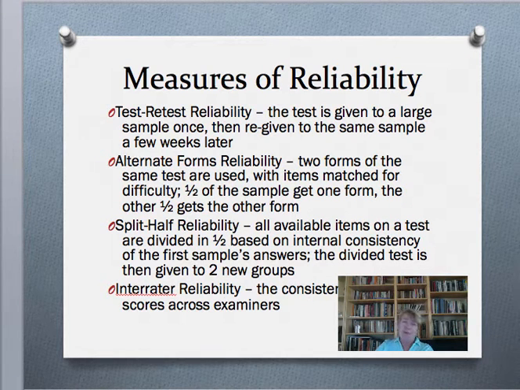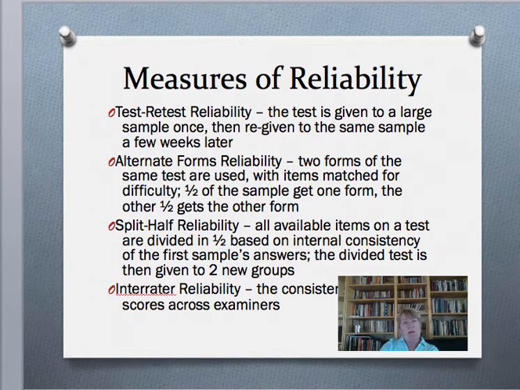I might get an answer right today because, boy, it was morning, I'm right on, I had a cup of coffee, I'm ready to go, versus, oh, it's late in the afternoon, I've worked all day, I just want to take this test and get it over with, so I'm going to rush through it. My answers are not going to be as truly representative of me as they might be otherwise.